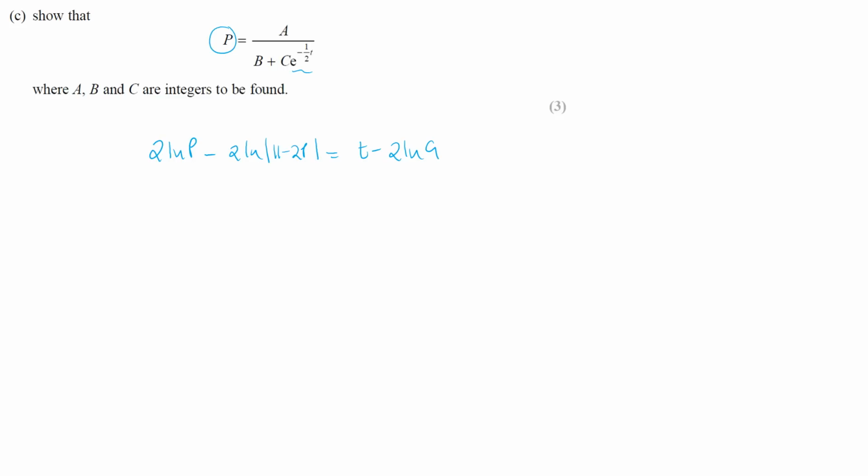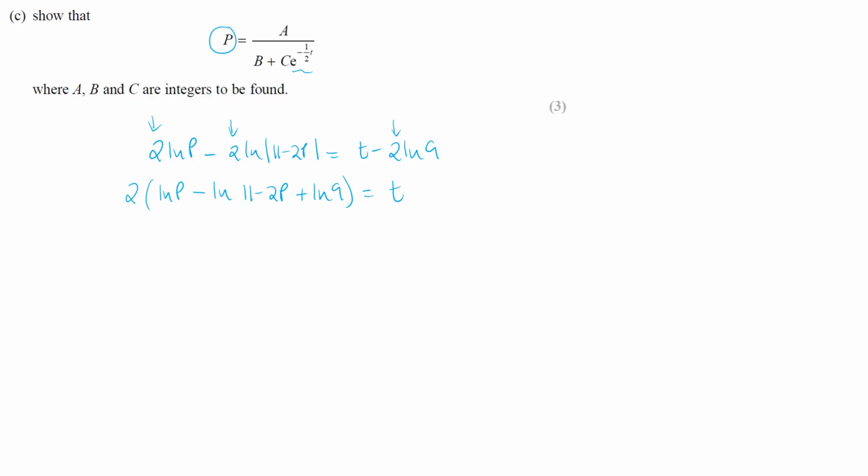So we take all the ln's to one side, and they've all got a 2 on the front. So if we take 2 out, we will have the ln of p minus the ln of 11 minus 2p, and then plus the ln of 9 when that comes on the other side is equal to t.